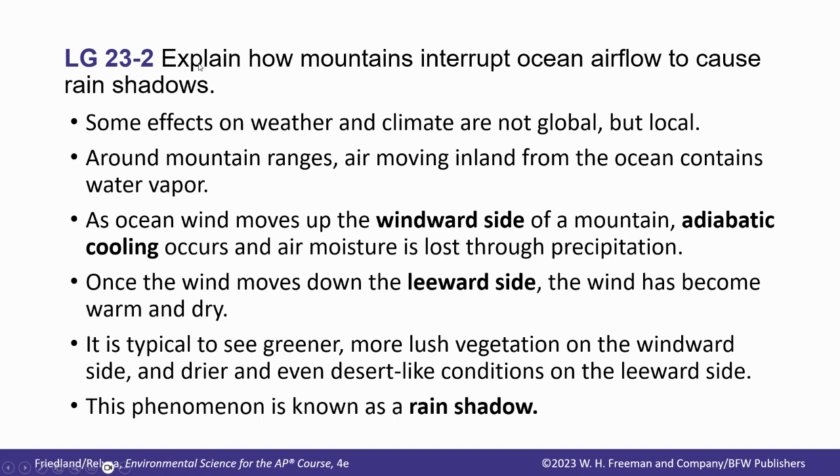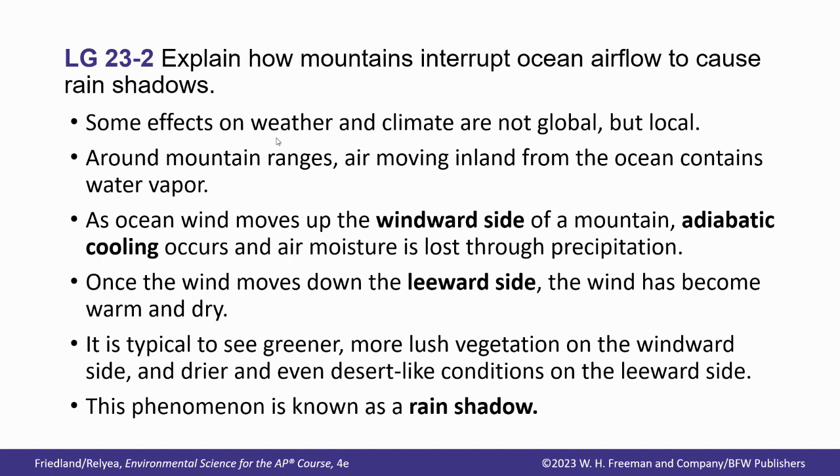So now we're on our second standard. Explain how mountains interrupt ocean airflow to cause rain shadows. Some effects on weather and climate are not global but local. Around mountain ranges, air moving inland from the ocean contains water vapor. As ocean winds move up the windward side of a mountain, adiabatic cooling occurs and air moisture is lost through precipitation.